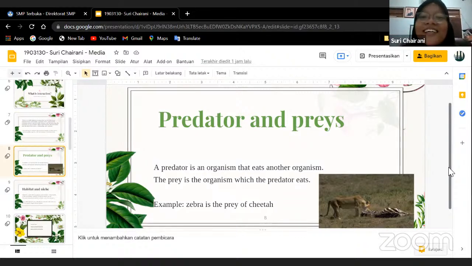Predator is the main character of this scenario, and the prey is the figurine, or maybe we can say that the predator is the antagonist, the one that can bully the protagonist, like that.